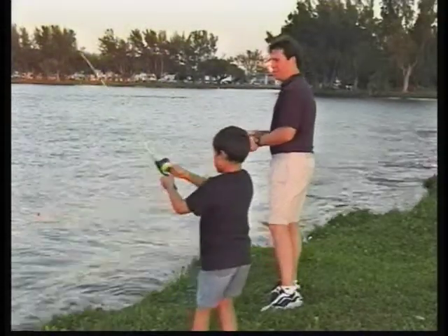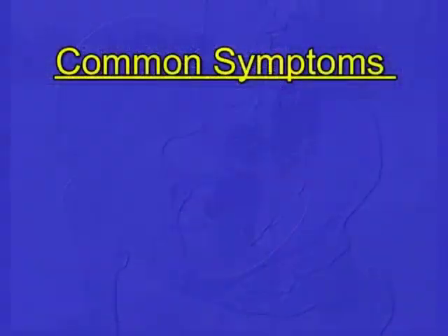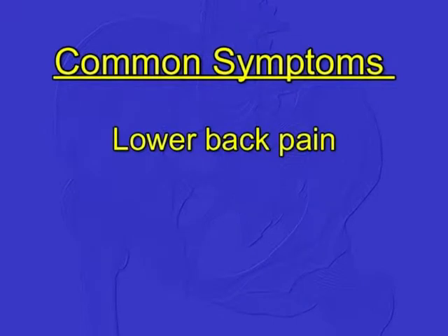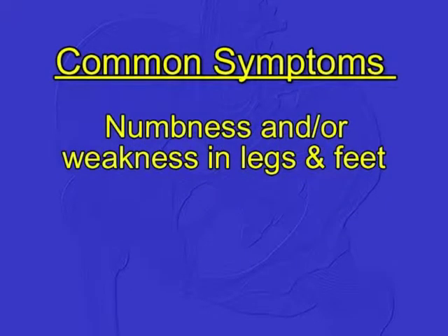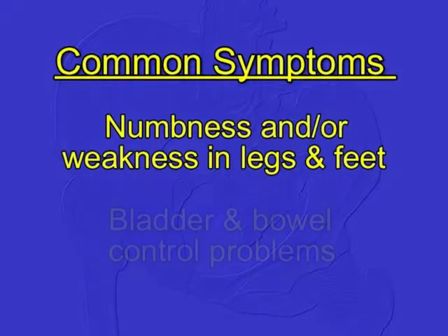Common symptoms associated with low back pain can be one or all of the following: pain in and around the low back region, pain in your legs, which can extend below the knee, numbness and/or weakness in your legs and feet, bladder and bowel control problems.